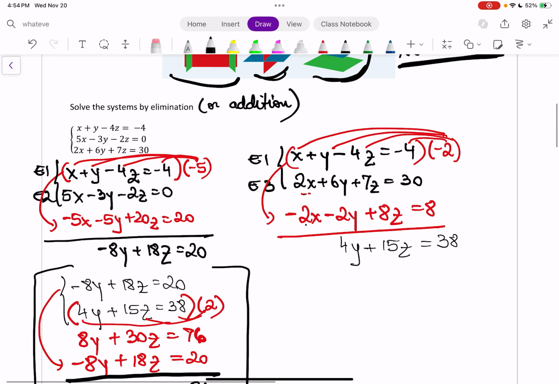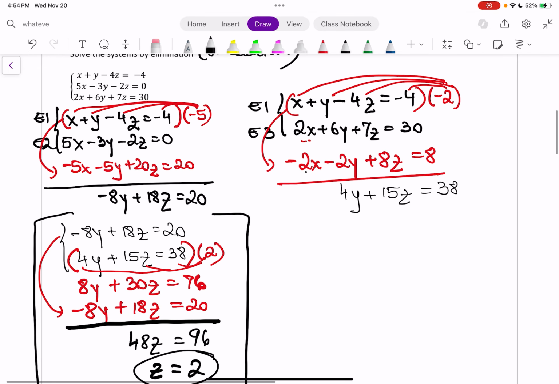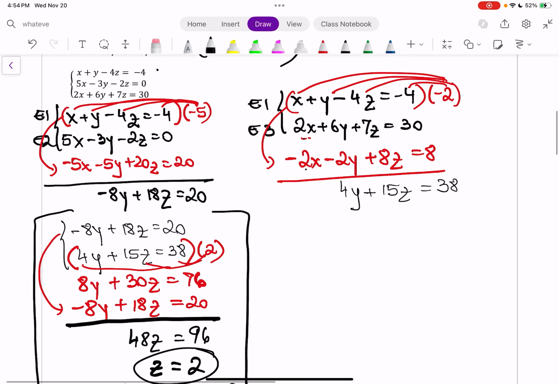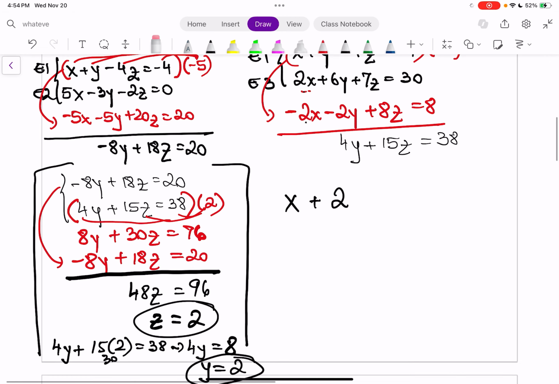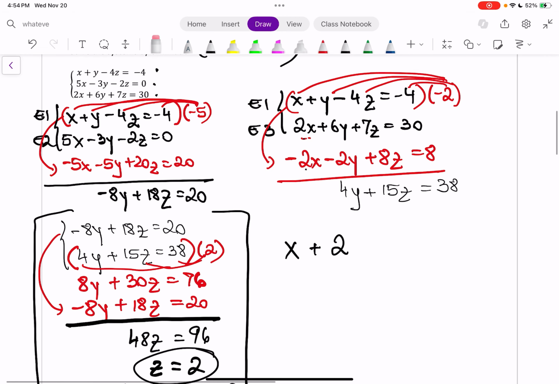And I'll go all the way back to get x. And you can grab x from either one of these equations that has an x in it. I'll pick the first one because, well, it looks like the smallest numbers. So the first equation says x plus y, but y is now 2, minus 4 times z, but we now know z is 2, equals -4.